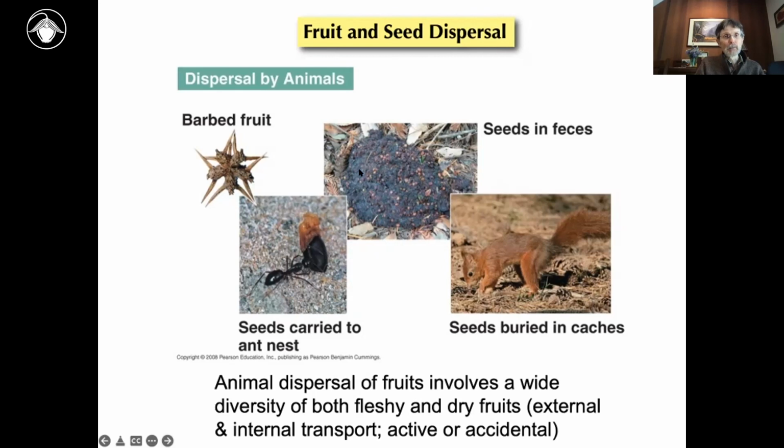Or, as I mentioned, animals can eat the fruits if they're fleshy and deposit the seeds in their feces, like in these black bear feces here. These are what we would call passive dispersal means by animals.